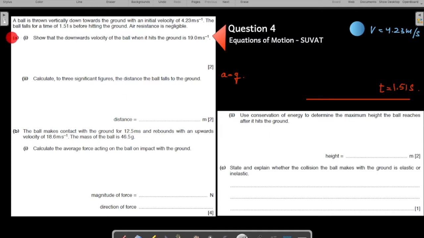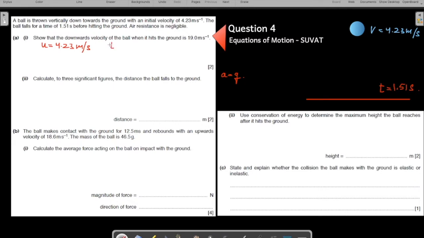Part A. The first part. Show that the downward velocity of the ball when it hits the ground is 19 meters per second. So they are telling you to find the final velocity. So let us write down the data that you have. Initial velocity is given to you. Initially it starts with a velocity of 4.23 meters per second.